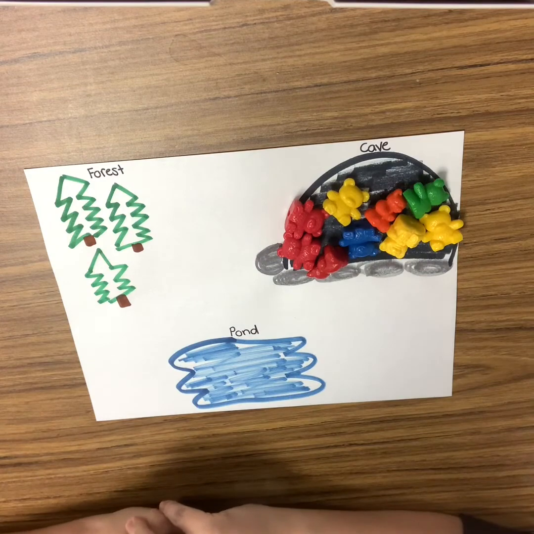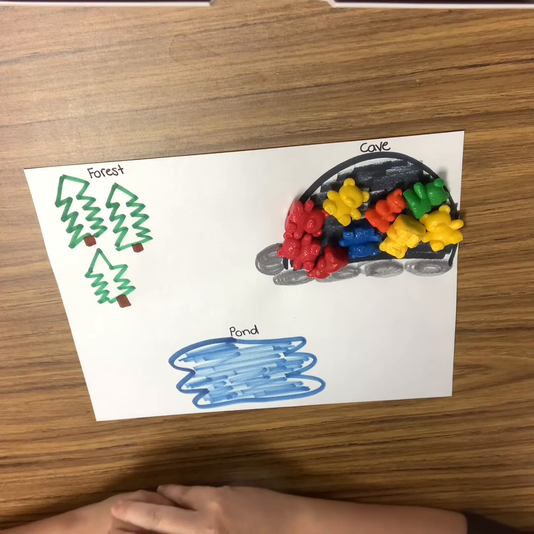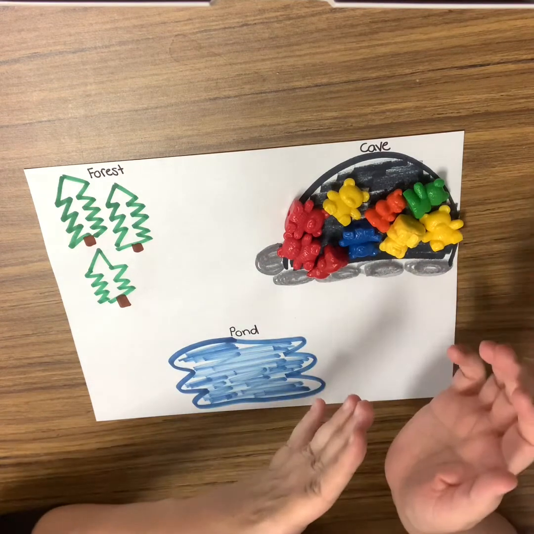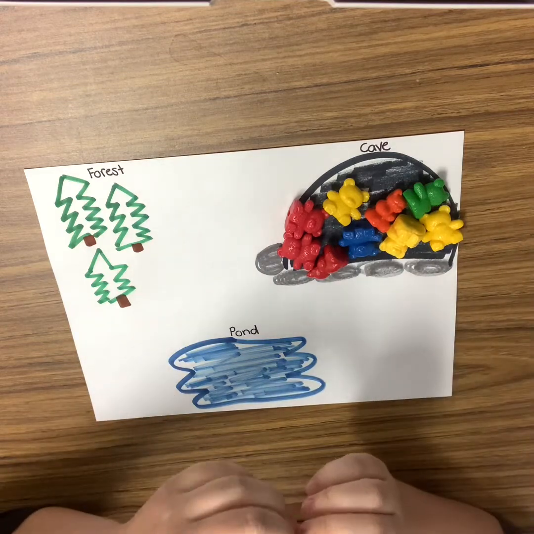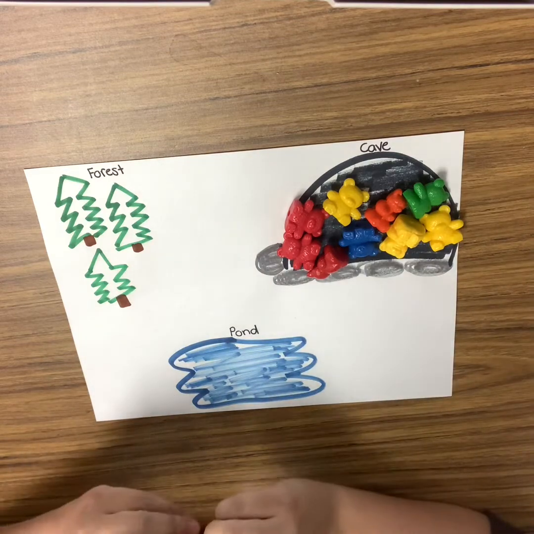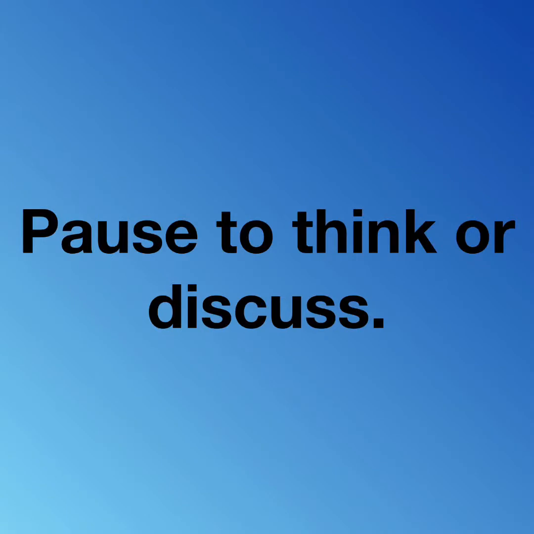So I want you to think, are we making the amount bigger? Are we joining 2 amounts, or are we making the amount smaller by separating? If you're at home, pause the video to think about what your answer is. If you're at school, your teacher can stop the video for a second for you to discuss it as a class. That's right, we'd use addition because more bears joined them.